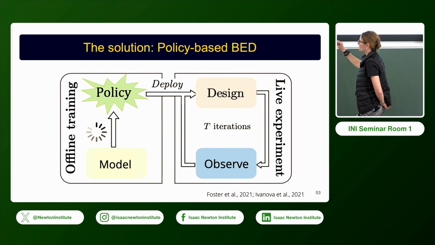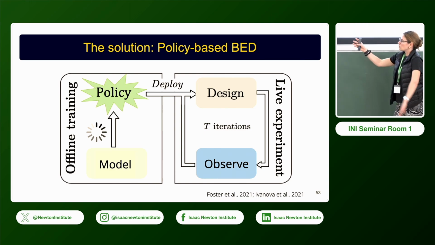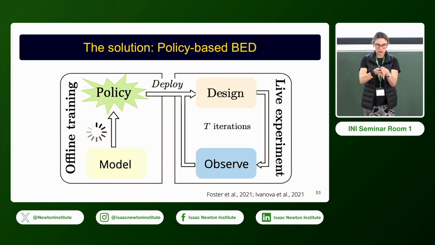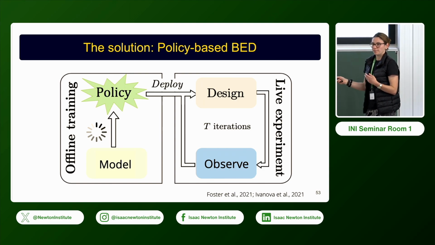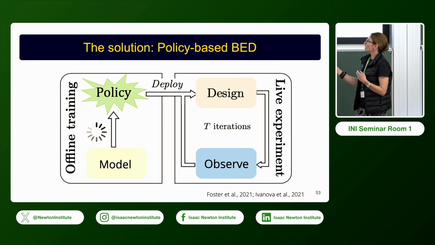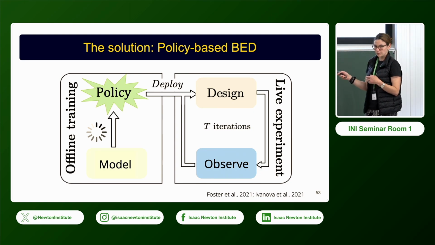And the key idea is the following. Rather than spending all of these computational resources during the live experiment, we're going to take our model and we're going to train a policy. The policy is just going to be a function, right? We're going to learn a function that we can then deploy during the live experiment.